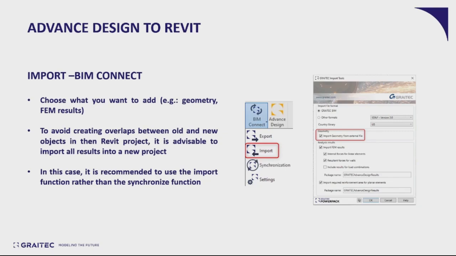The user is advised to open a new Revit project in order to import all the results from Advanced Design to avoid any overlaps. And it is also recommended to use the import function rather than the synchronize function in order to perform the workflow from Advanced Design to Revit.